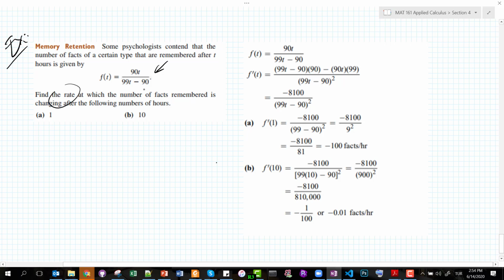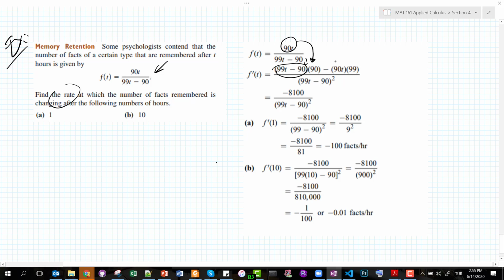As you see, this is a quotient type of function. You have a rational expression. That's why you need to find the derivative of the quotient, applying the quotient rule. If you apply that, you take the derivative of the first function and keep the second one the same. Look at the bottom part.